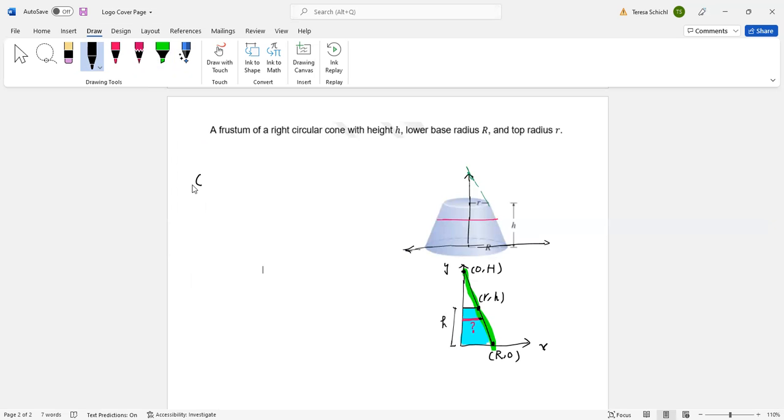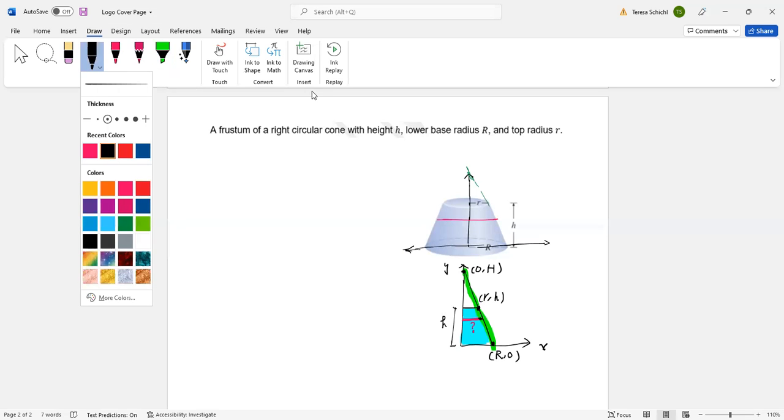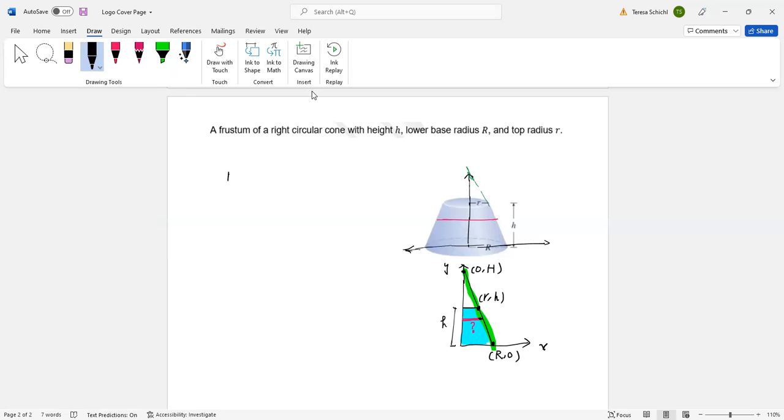So the rise is h minus 0, over r minus R. Or you can reverse it, 0 minus h, it's fine. This will be the slope of this line.